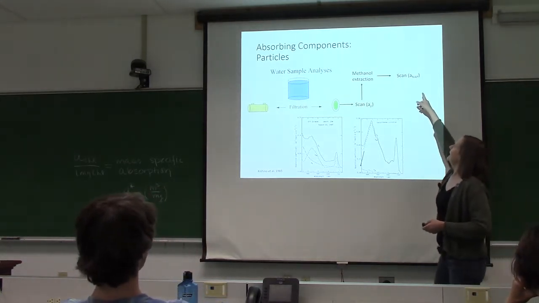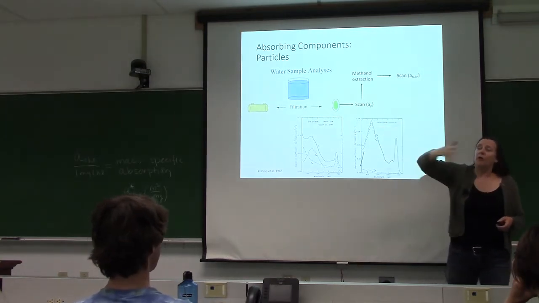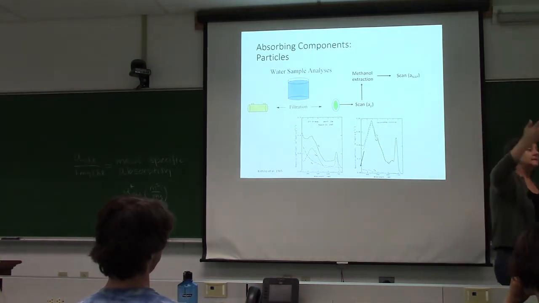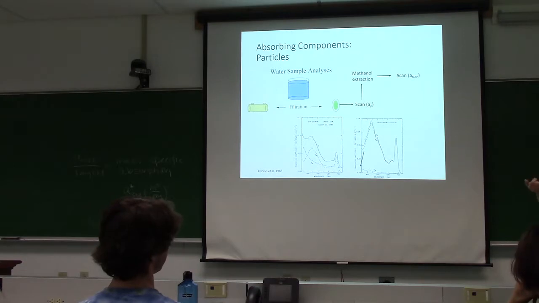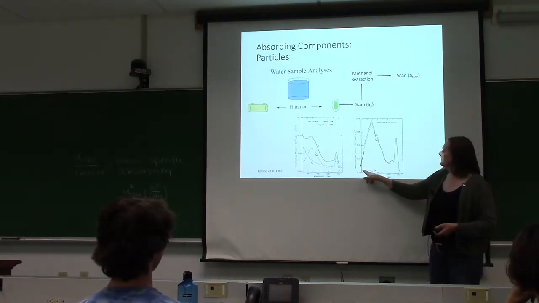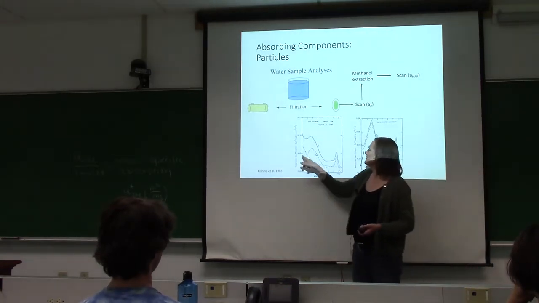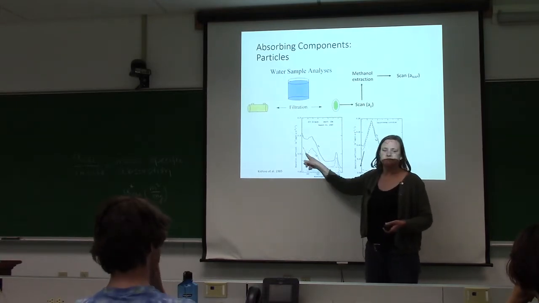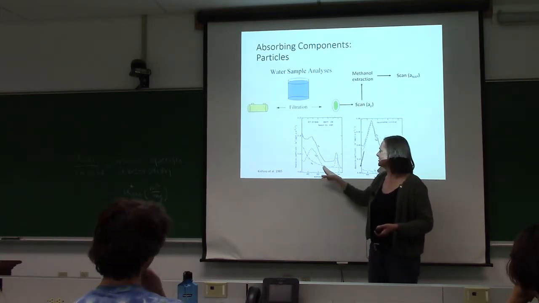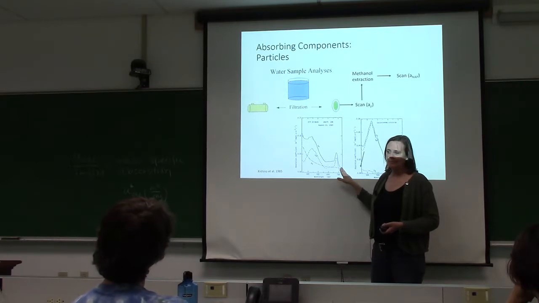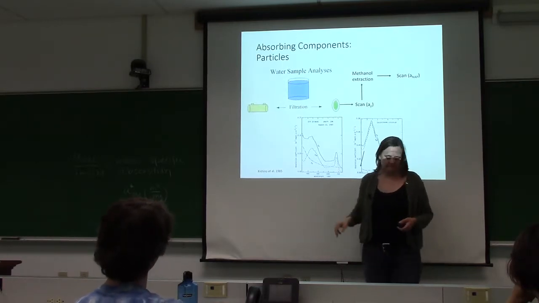And then you scan it again. And since you have all the other organic and inorganic living and dead particles on there, that's non-algal particle absorption, right? And so if you do it for a healthy culture, that scan should be pretty low. It can tell you if your culture is healthy. If you did it in the ocean, you might get something that's a little bit larger, right? And it's got, what sort of shape is that? Exponential again.